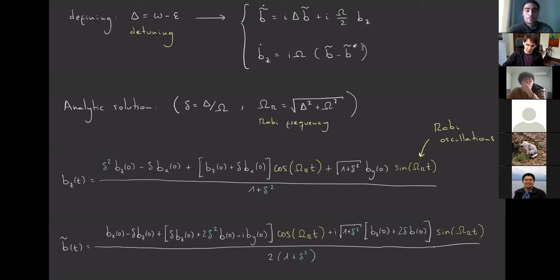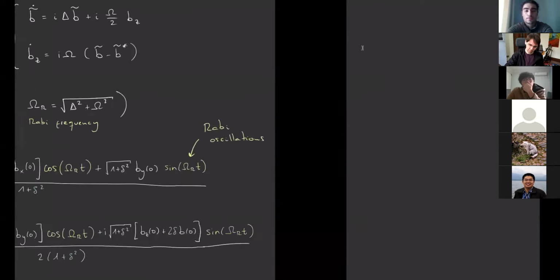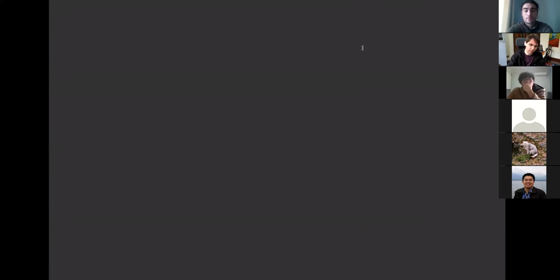And then the other thing is that we are going to study specific limits of this equation. And in particular, the first limit I want to discuss is this limit that I show you here, in which the detuning is very large. Okay, so what happens when we detune the light that we are using, so omega, very far away from the atomic resonance, from epsilon? So this essentially means delta much larger than 1. And just take a look in here.